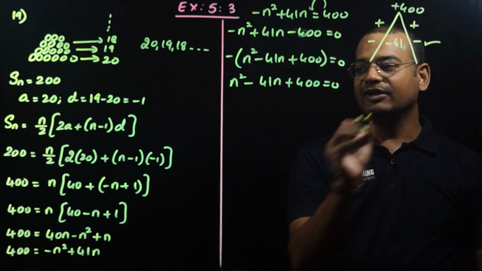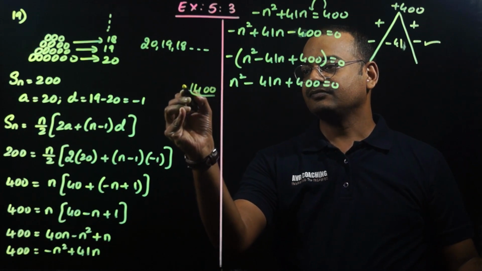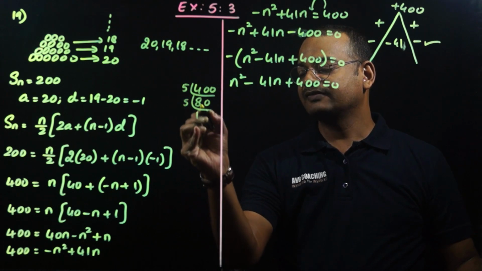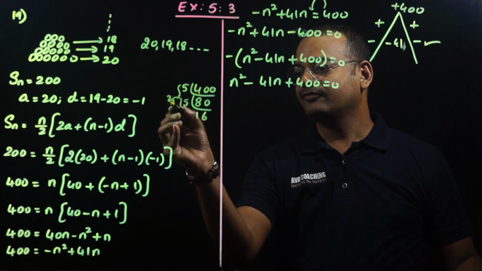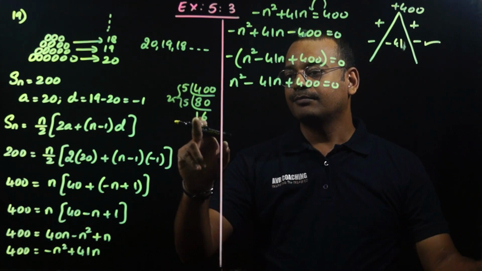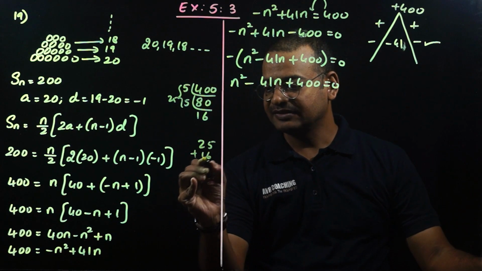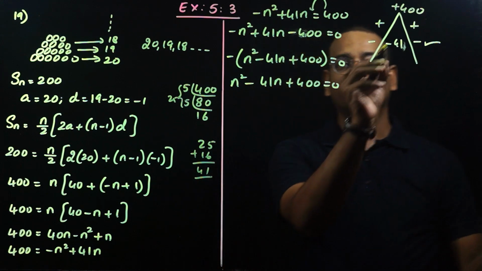So when you factorize 400, we find that 25 plus 16 is equal to 41 and 25 into 16 is 400.